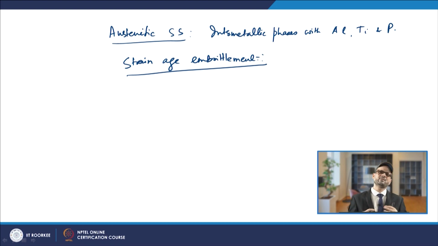As we have studied earlier, in strain aging behavior you strain and then reload, and once it is heated to a certain temperature or left for some time, the reappearance of the yield point is observed.